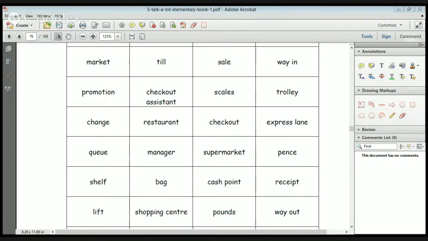Supermarket, pence, shelf, bag, cash point, receipt, lift, shopping centre, pounds, way out.